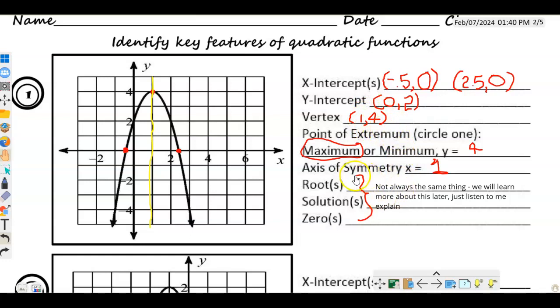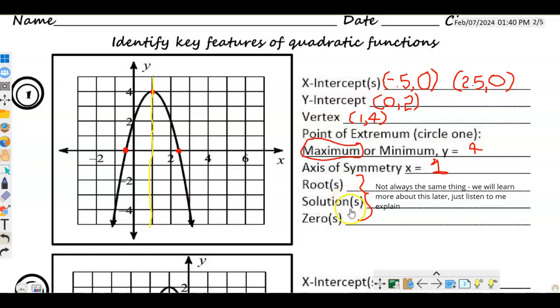Now, these three words here, roots, solutions, and zeros, some people say that they mean the same thing. Sometimes they do mean the same thing. Sometimes they do not. So we're not going to get into the subtle differences between all three of these at this time.